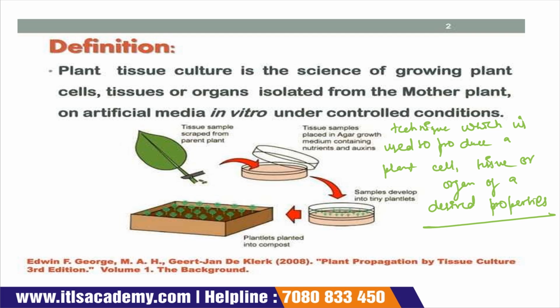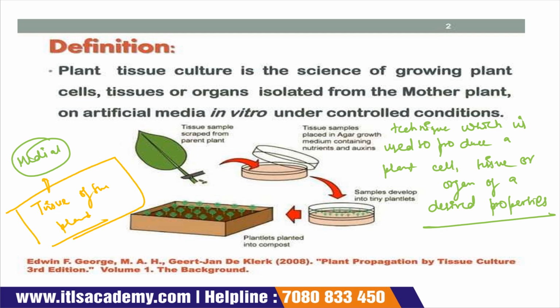Now in plant tissue culture, different medias are used. So what should we do? We take a media, and just a sample or tissue of the plant will be used, and this whole thing will be performed in an isolated chamber, meaning a chamber which is free from any type of contamination.